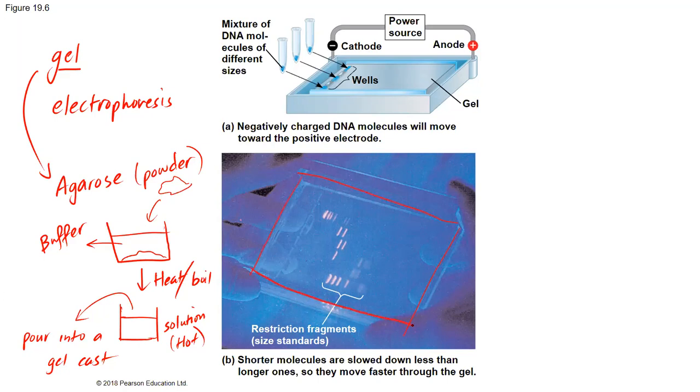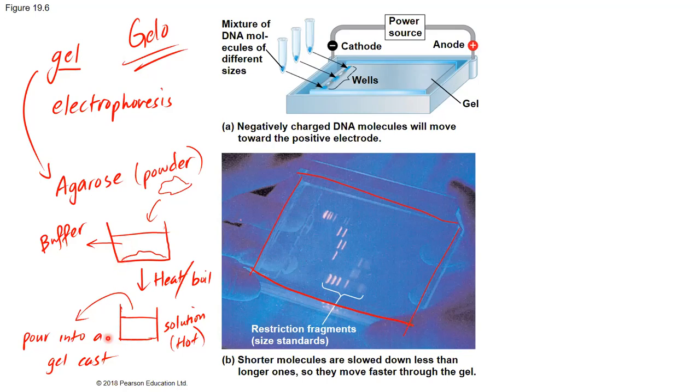We prepare this gel like we prepare Jello in our homes. So you buy the Jello, the Jello that we eat. You buy it in the powder form and you mix it with water, then you have to boil it, then you have to cool it.